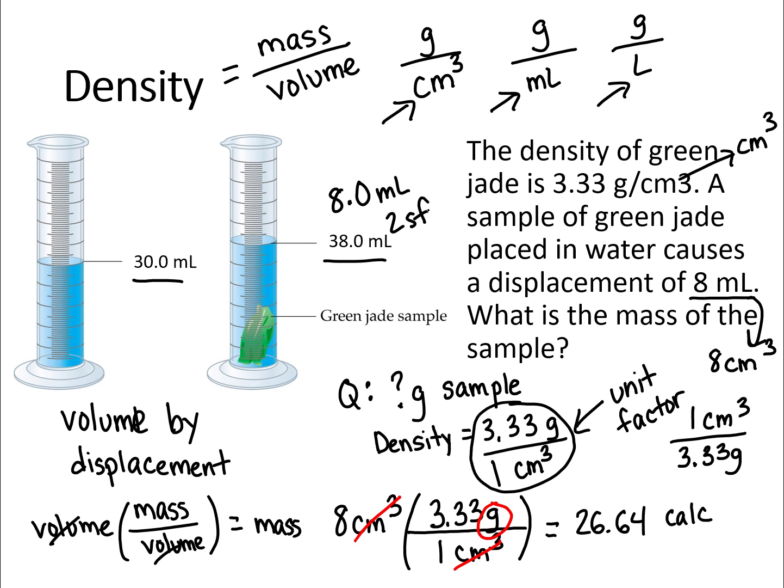So we're going to go with 2 sig figs for our answer. That means we need to round this 6, and we're looking at the 6 next to it to figure out if we round up or we just drop everything. In this case, we're going to round up. And with 2 sig figs, we have 27 grams. So that's the mass of the sample that displaced 8 milliliters of water.